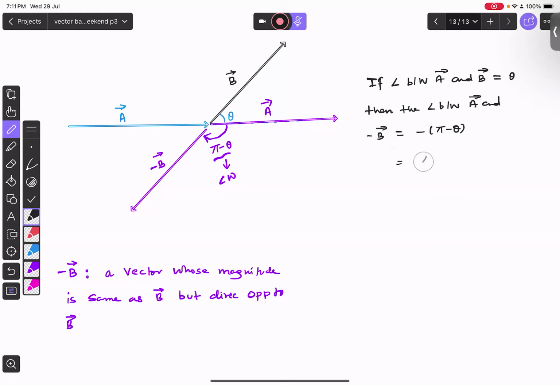So maybe I can write it like this also, pi minus theta, but in clockwise sense. If that is theta in anti-clockwise sense, this one is pi minus theta in clockwise sense. I hope this thing is clear to all of you.